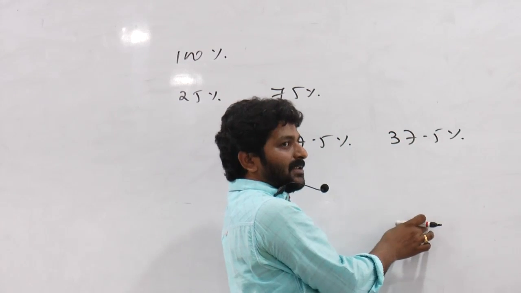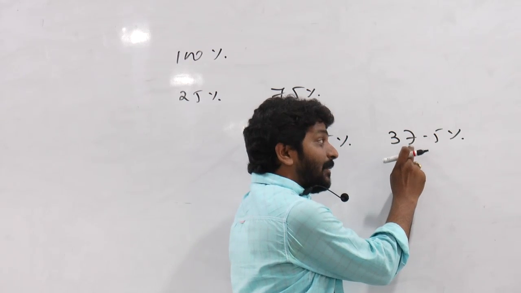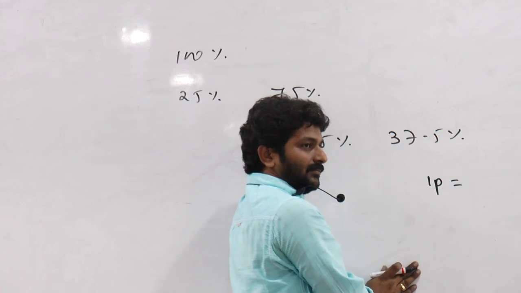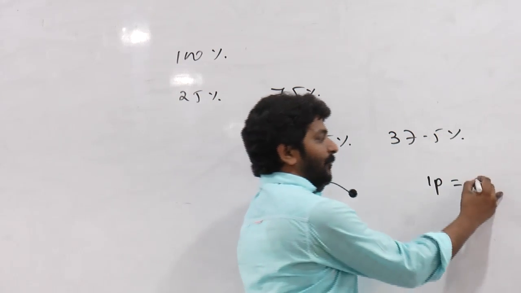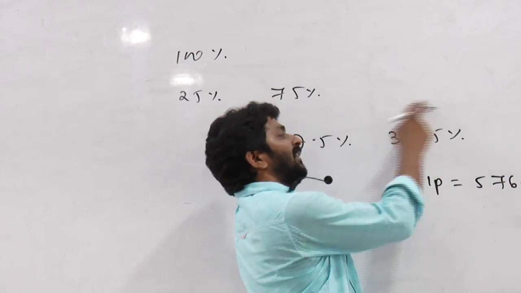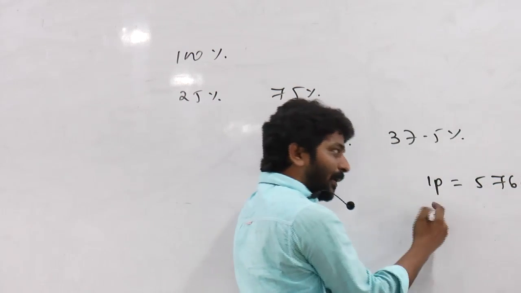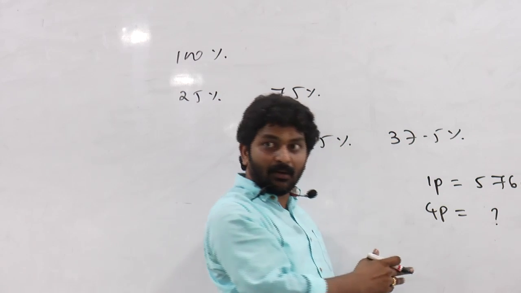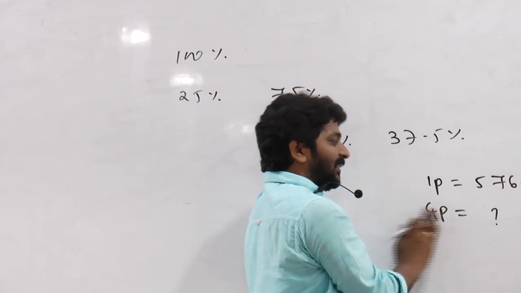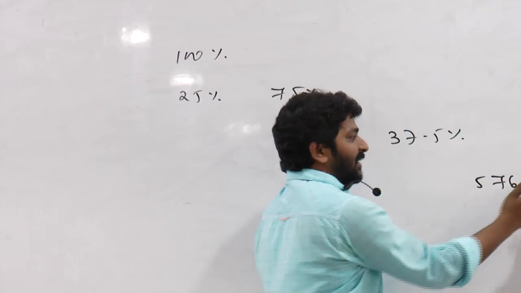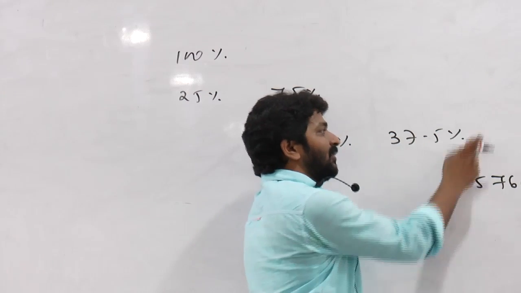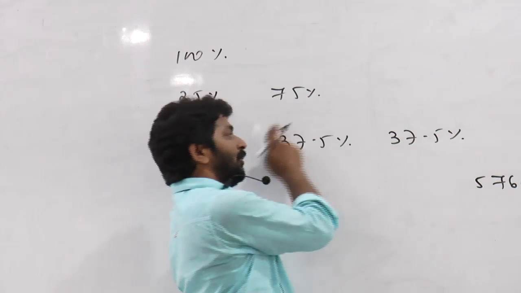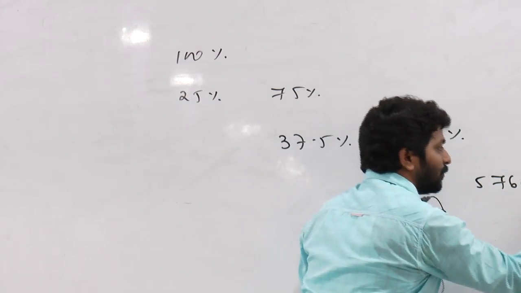If C takes 75%, remaining will be 25% of this number. If you treat 25% as one part, which is given as 5760, how will you get the entire value, which is 100%? 4 parts. 4 parts is equal to how much? In the sense into 4. So 37.5% is given as 5760 into 4. You know this value 37.5%. Again 37.5%. So the entire value is going to be 2 times of this number into 2.